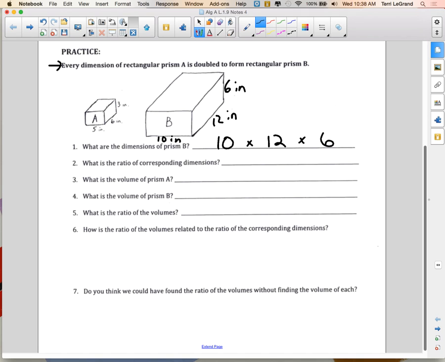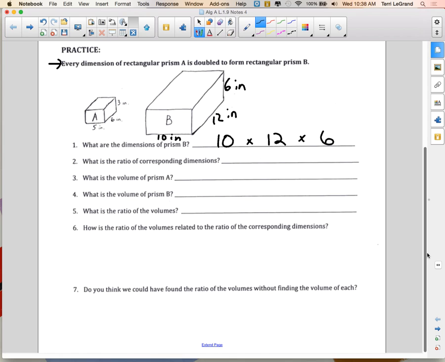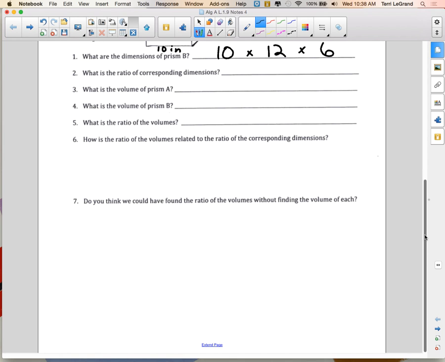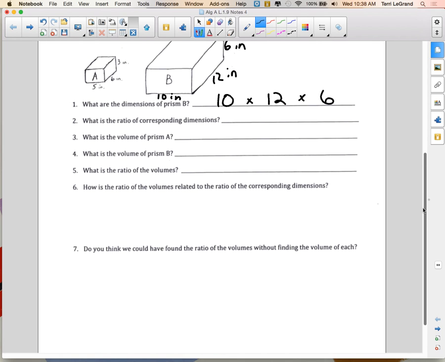So what is the ratio of the corresponding dimensions? I think we have 3 different ratios we can actually set up here. So give me one. What's a ratio we could set up of corresponding dimensions? Remember, what goes upstairs, the original or the new? The new.